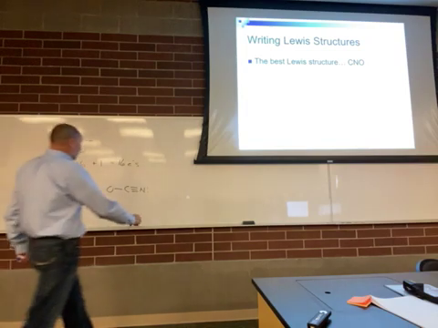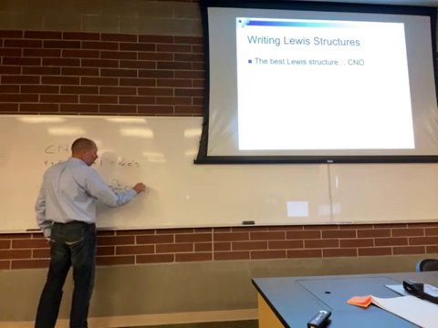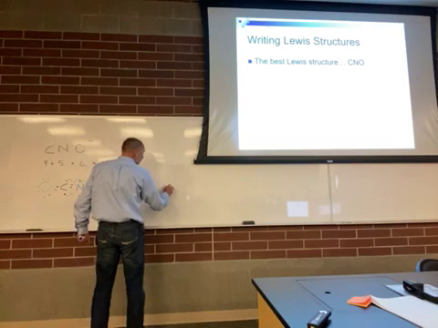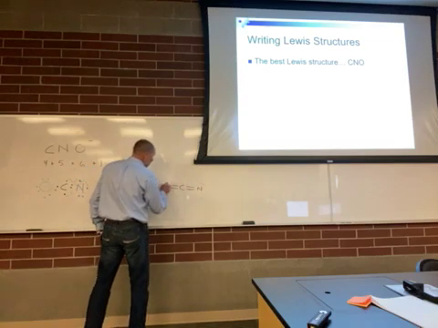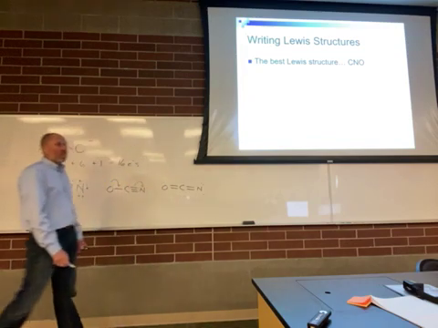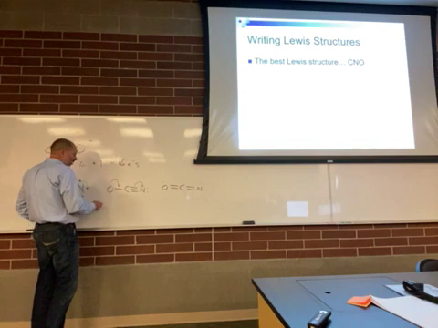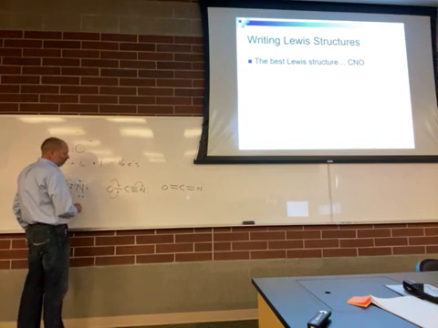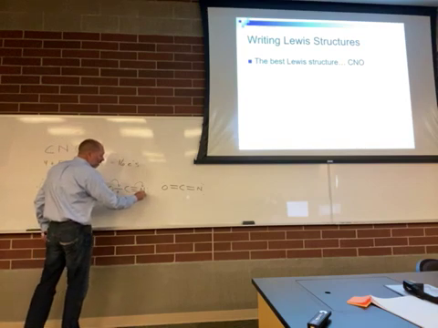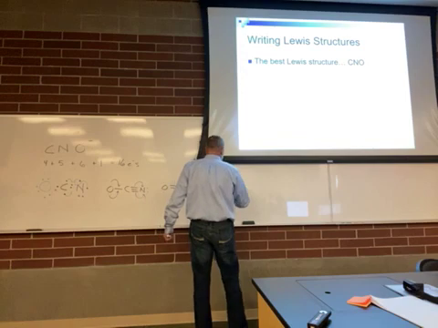The other option of this molecule is to bring a pair of electrons down here and put those on, so I could have this. Okay? And finally, I could actually bring all these electrons here down to the 2 pairs here and leave 2 pairs on there, and I could form this.